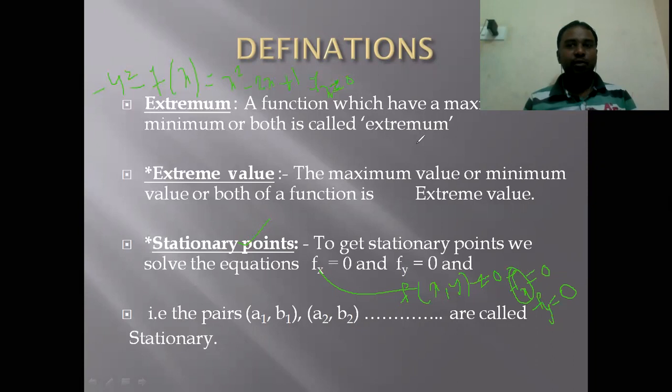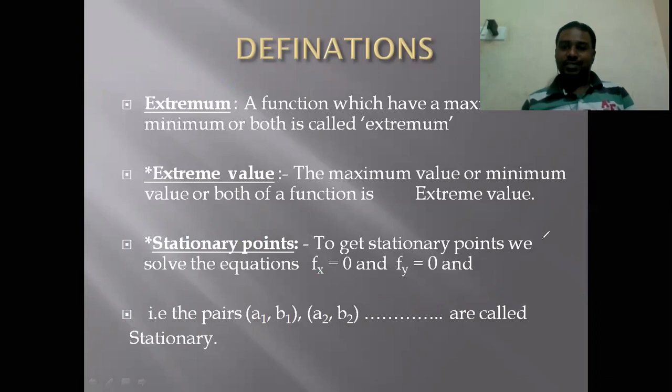That's what I call partial differentiation. fy means we are differentiating with respect to y, treating x as a constant, and equate to 0. Solve these two equations and we get the stationary points. Those pairs are called stationary points.